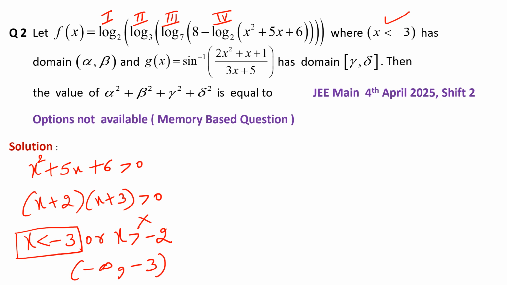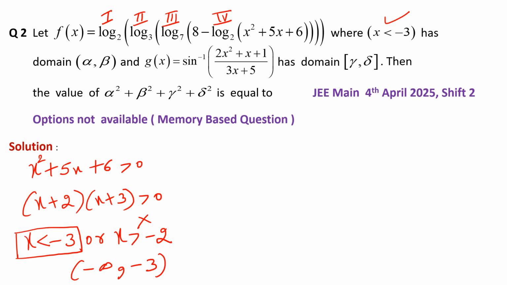But this is not the domain of f of x. To find the domain of f of x, we will now have to keep the input of the third logarithmic function as positive, then the input of second logarithmic function as positive, and finally the input of first logarithmic function as positive.